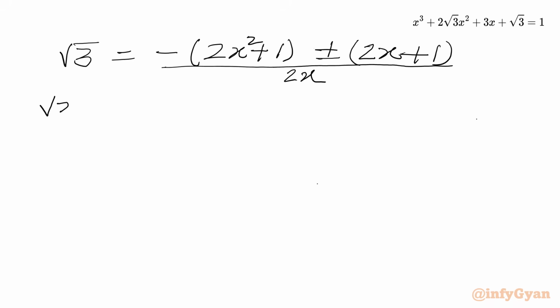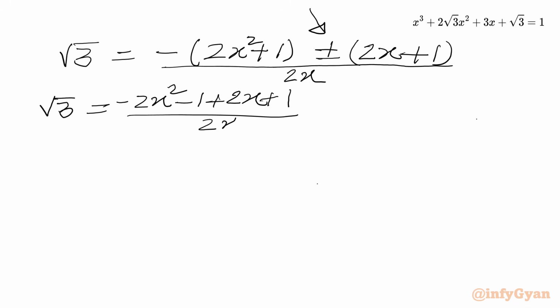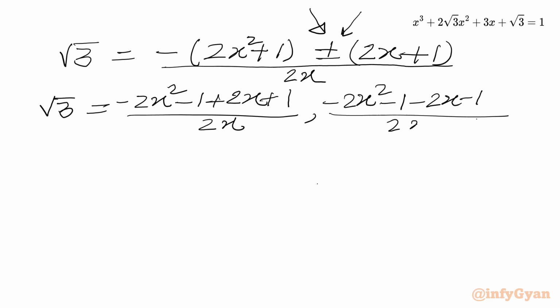We'll write here root 3 equal to, with plus sign in between, minus 2x square minus 1 plus 2x plus 1, with denominator 2x, and with minus sign we will write minus 2x square minus 1 minus 2x minus 1 over 2x. Minus 1 plus 1 will get over. We will take 2x common from the numerator.